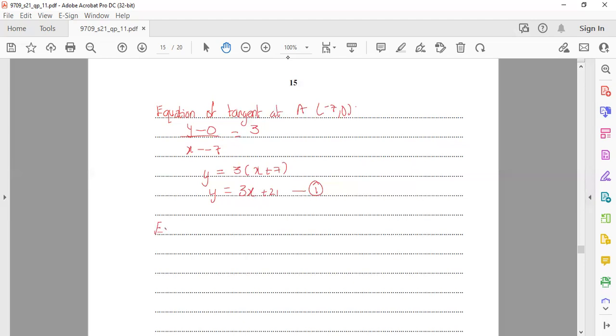Now the equation of the tangent at B. The coordinates of B are 11 and 0.